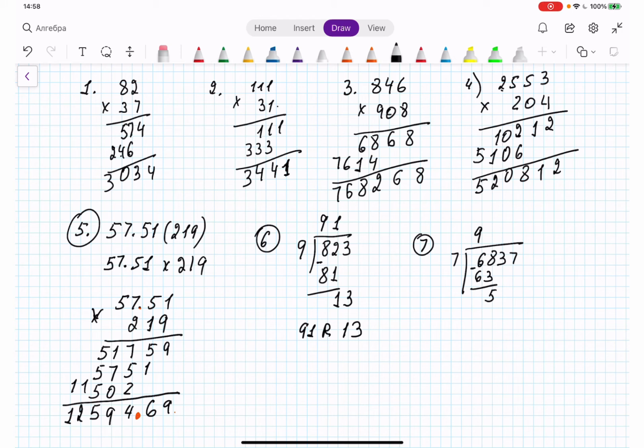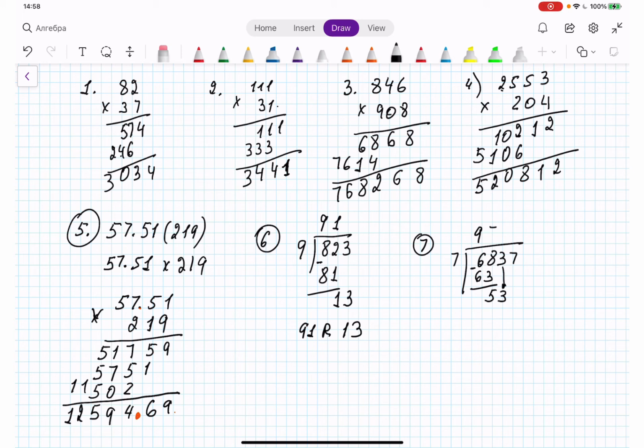Bringing down, you have to pay attention. Its remainder here is 5. It has to be less than this number. If you have more left, that means you didn't take enough. Here you have to get more. I will show you in the next example. So bringing down this 3. 53 divided by 7.